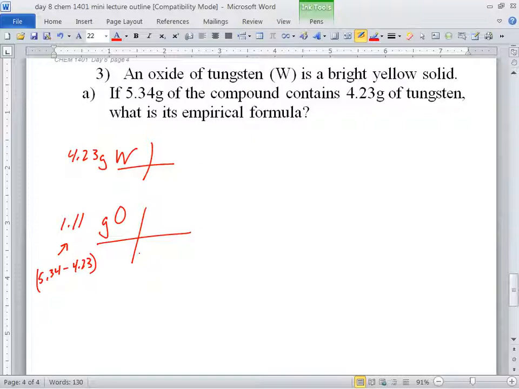That's the hint. We don't know what those subscripts are, we're going to try to find those. But all it has is W and O. So if you have 5.34 total, 4.23 of it is the W. That means the rest has to be O if you subtract. And that's how you start out.